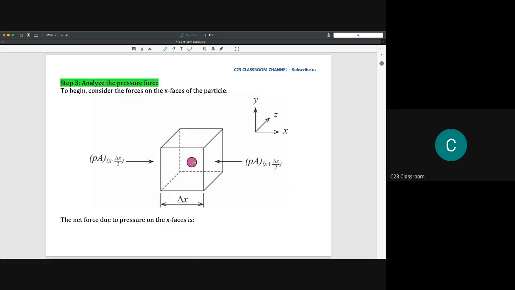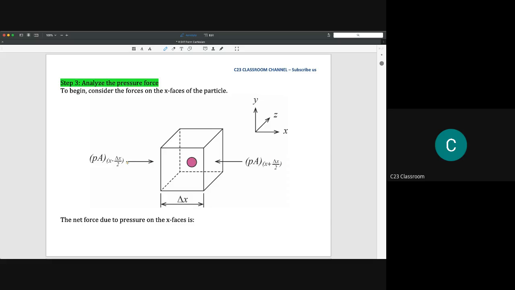Because we want to calculate the pressure at this point, we simplify it to this surface. So the location of this surface is the coordinate of x minus delta x over 2, and here is the location of x plus delta x over 2. So this is delta x and this is the location. That's the meaning of this.